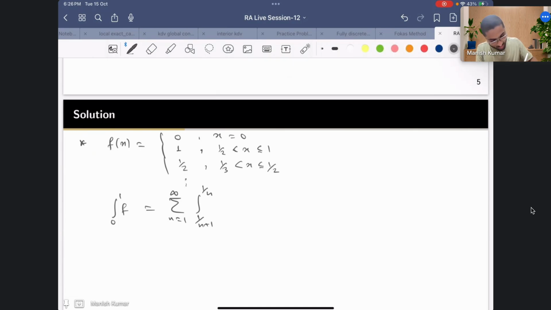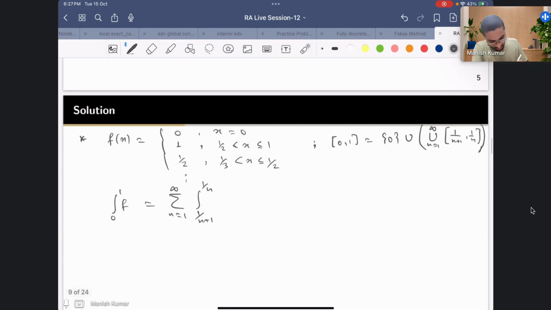So this 0, 1 interval you can write as 0 and then the union over n from 1 to infinity of the intervals from 1 by n plus 1 to 1 by n. This is how it will converge, and this whole 0, 1 will be given by this.